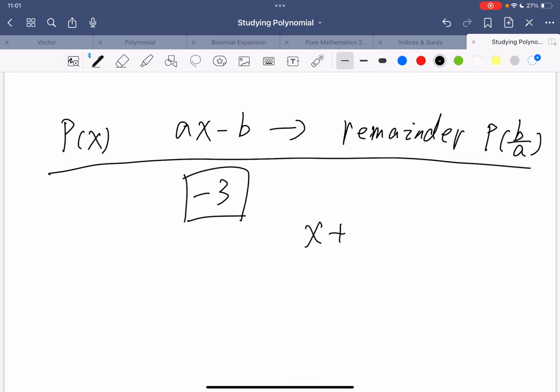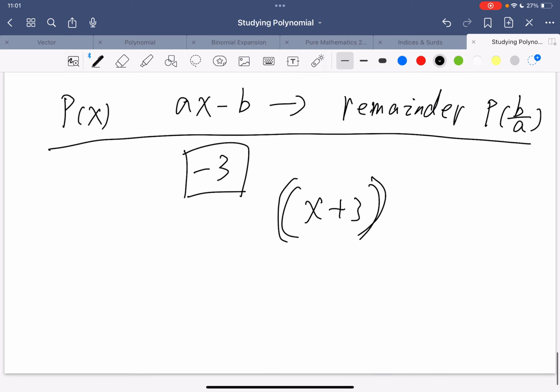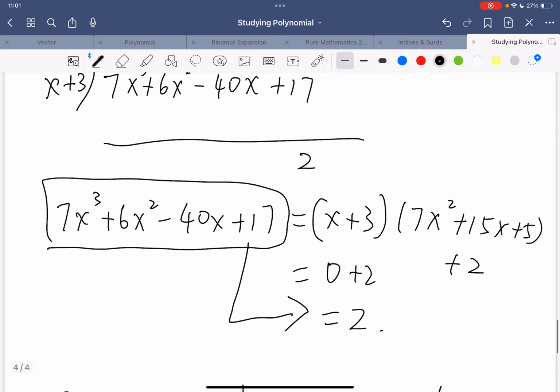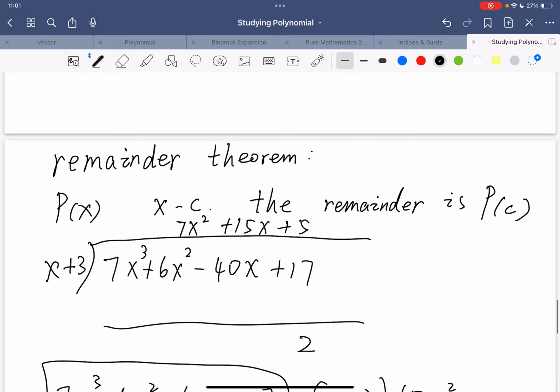We use x plus this one, okay? We divide this expression, okay? Simply put, x minus -3 would give us x plus 3. So that's what this statement is telling us.